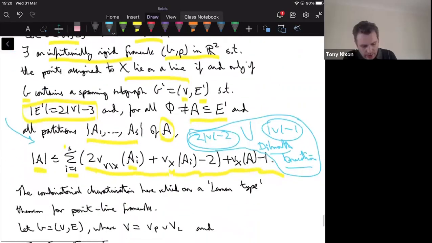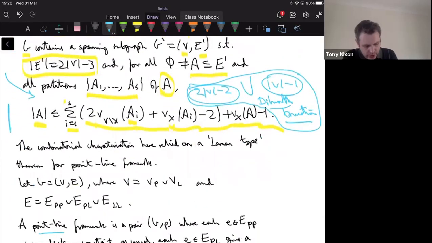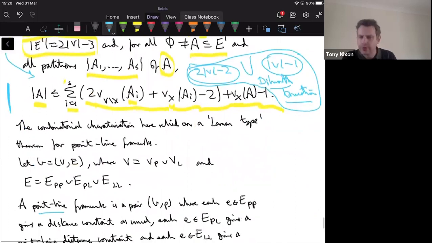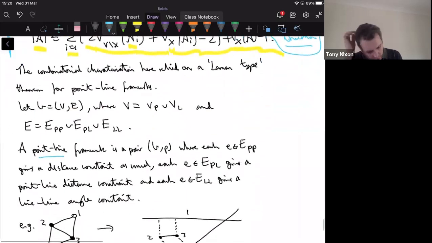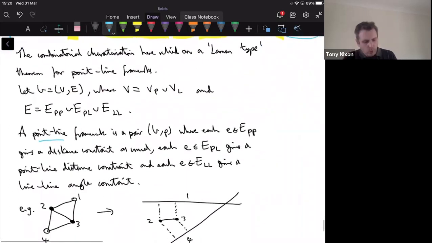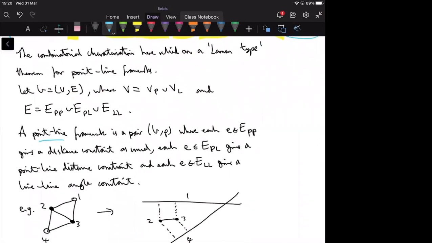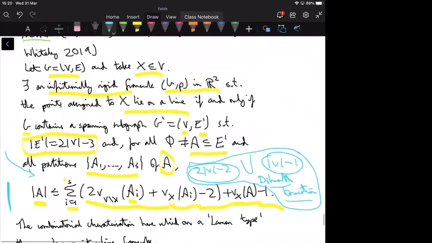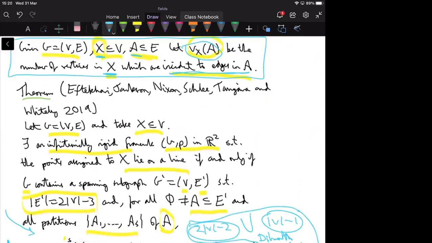But I don't want to dwell too much on this. I don't think I understand this combinatorial condition in a great amount of detail. Could I actually ask one other question? I understand what the theorem is saying, but I was expecting things to go in a slightly different direction.